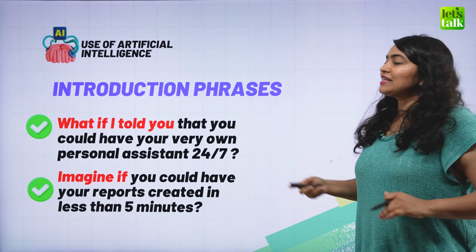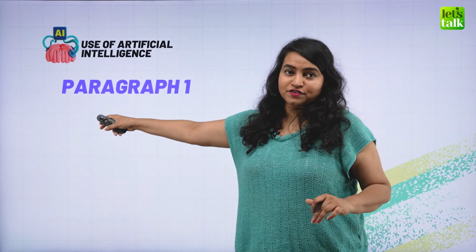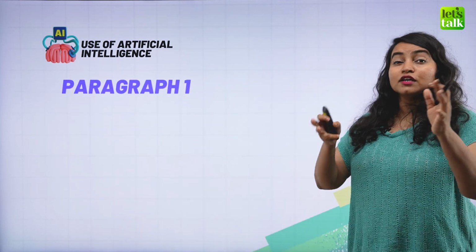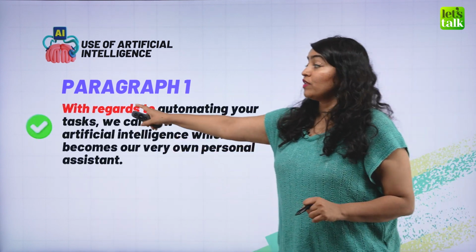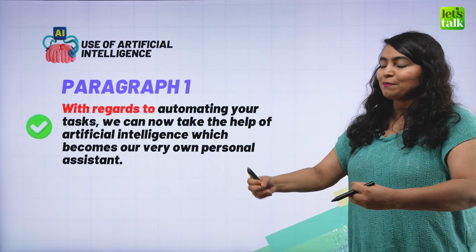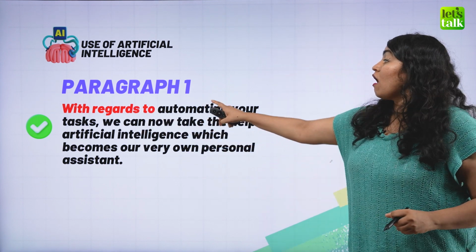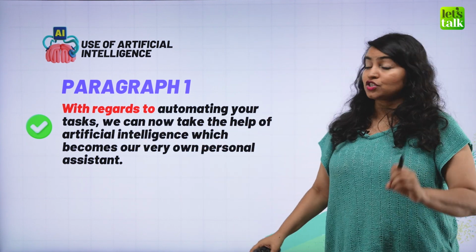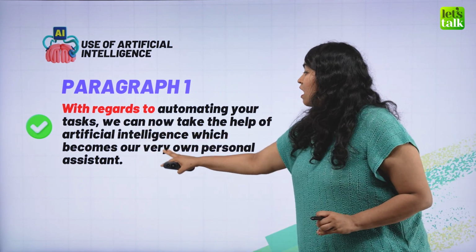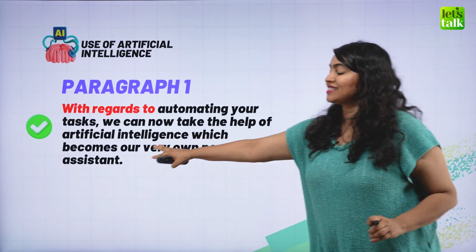Now, let's go to the next part, which is paragraphs. Okay, we have many paragraphs. Assume this is paragraph number 1 on this topic. You can say, with regards to, okay, you introduce the topic by saying, with regards to automating your tasks, we can now take the help of artificial intelligence, which becomes our very own personal assistant.